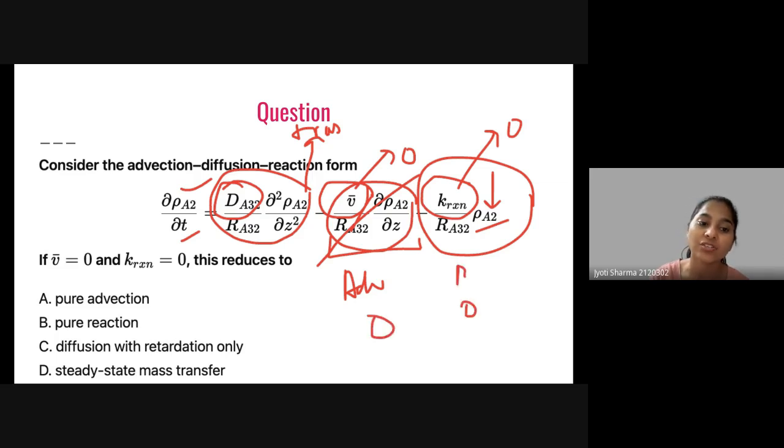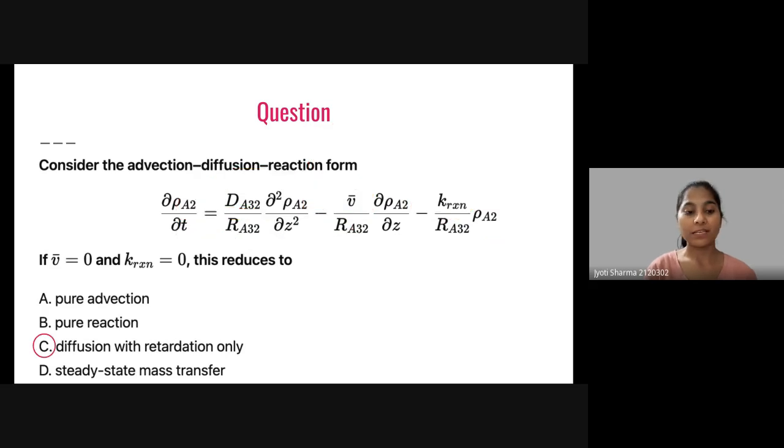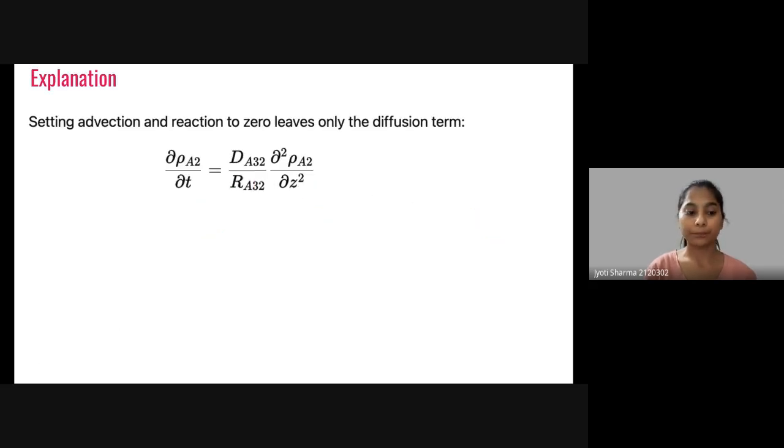It means the change in concentration of A2 will depend on your diffusion, and because it is a function of time, there will be some retardation also. So if these two become zero, the change in the concentration with time will depend on diffusion with retardation only. So answer C will be the right one. Yeah, this becomes the first term only.